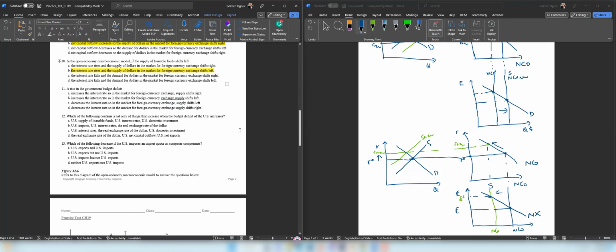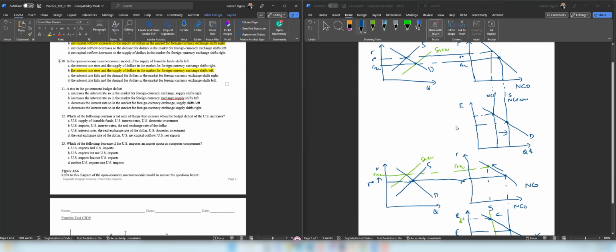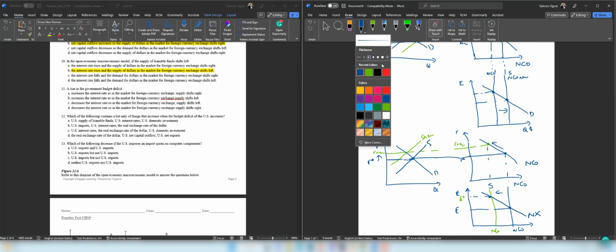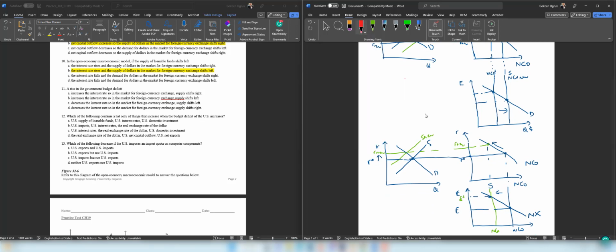Now the next question, a rise in the government budget deficit. A rise in the government budget deficit is the same as the supply in the loanable funds market shifting to the left, because government deficit decreases the amount of funds supplied to the market. Therefore, supply shifts to the left.